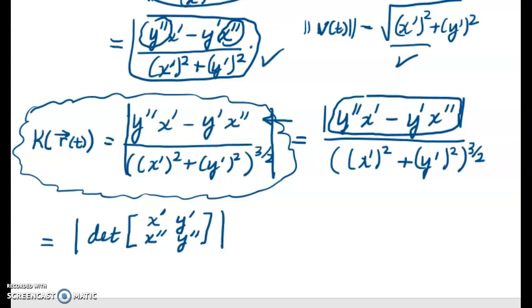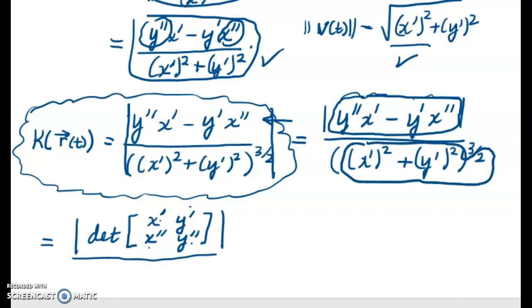You can see that if you calculate the determinant, it's x prime times y double prime, which is this, minus x double prime times y prime, which is this. Also, x prime squared plus y prime squared to the 1/2 is actually the speed. And the speed is the norm of the velocity. So it's that cubed.